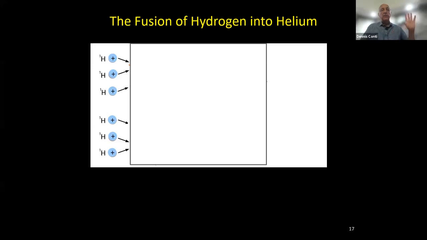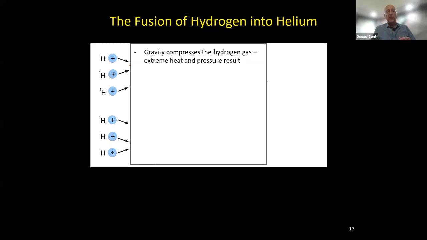So let's say I have 6 hydrogen atoms. They're all, again, each just has a positive proton. These 6 hydrogen atoms in the early universe were compressed together, gravity compressed hydrogen gas together under extreme heat and pressure.